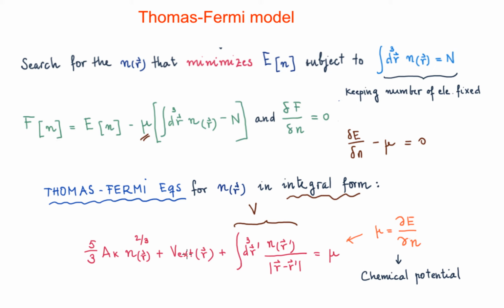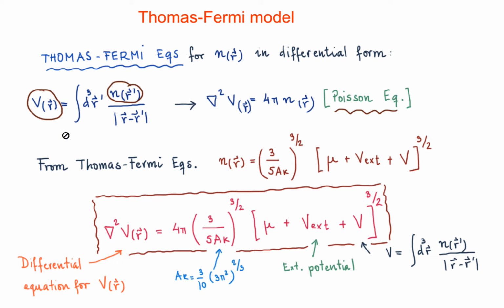We can bring these two terms to the other side of the equation and isolate n. And if we do that, and we call this term v, we can easily see that n is equal to this term here.